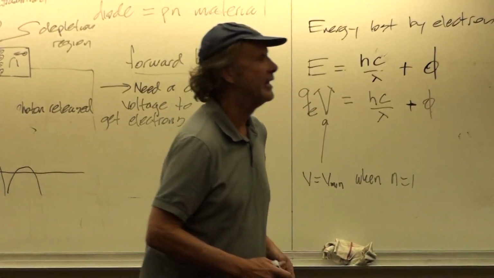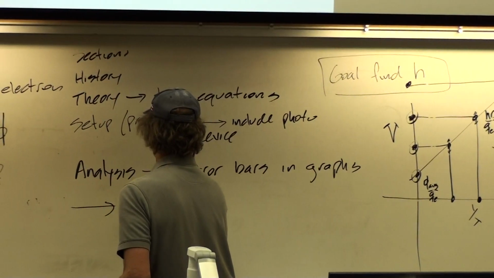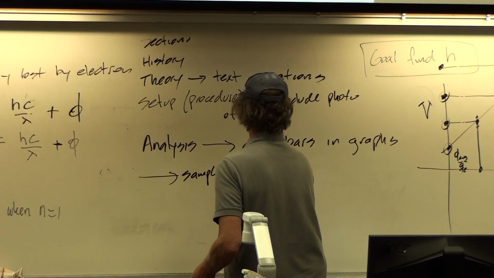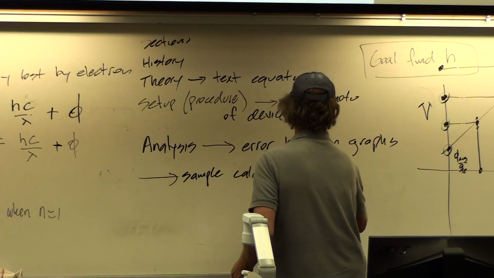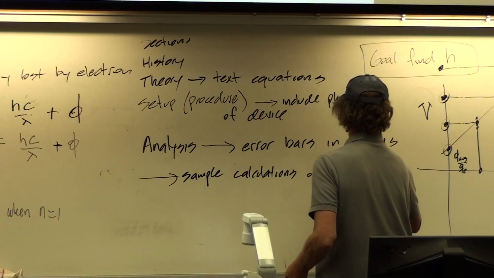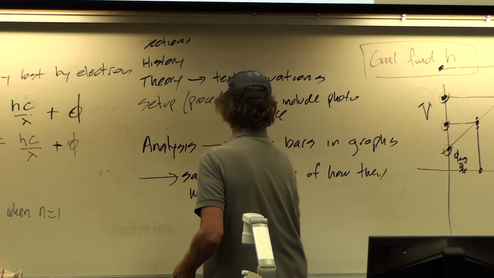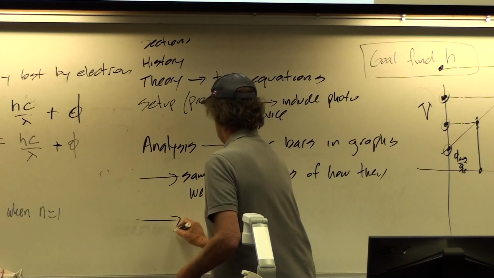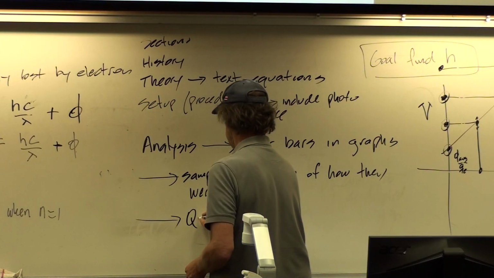I need to know how they were calculated. So sample calculations on how they were calculated. Qualitative and quantitative error.